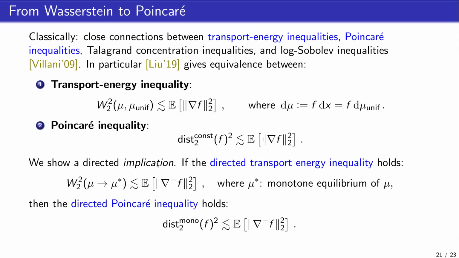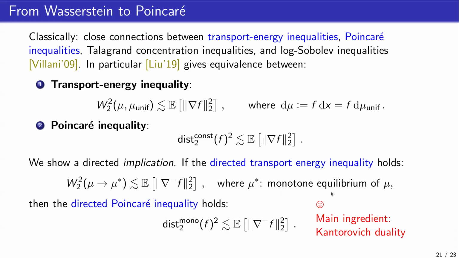So what we can prove is that if this directed transport energy inequality, which is a thing that I derived in the previous slide from the PDE, holds, then I can obtain a directed Poincaré inequality, where essentially the left-hand side replaces Wasserstein distance with L2 squared distance. And this is exactly what I wanted to show. This is the Poincaré inequality that powers this theorem. So this works.